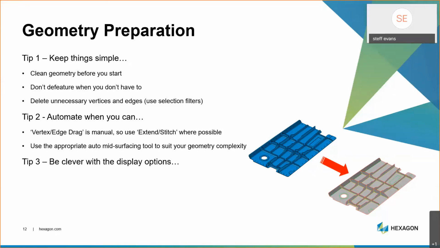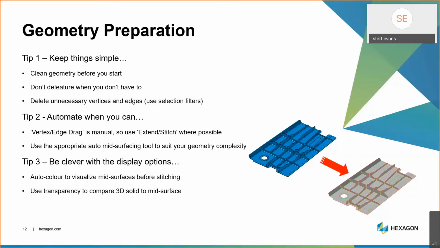Okay. Tip 3, be clever with the display options. Apex has really got some state-of-the-art visualization tools. You can use things like auto color to color individual entities in an automated sense before stitching, so you can see what's tied together, what isn't.